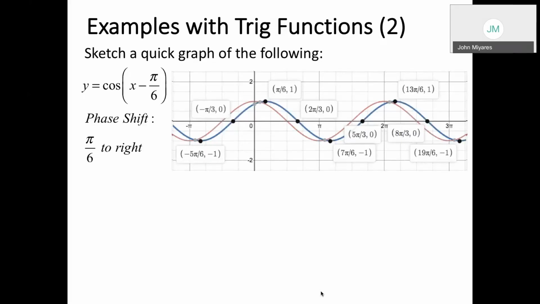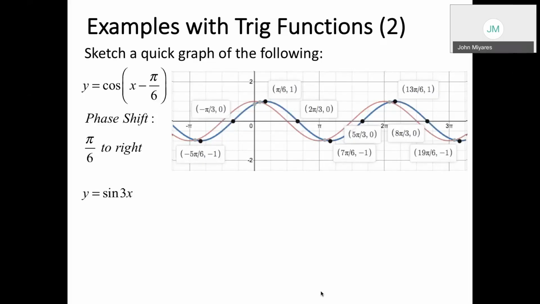The end of the cycle, which would have been at 2 pi comma 0, will now be at 13 pi over 6, or 2 and a sixth pi, comma 0. Otherwise, the basic shape of the cosine wave remains the same. The amplitude is still 1, the wavelength is still 2 pi, just everything's been shifted over to the right by pi over 6 radians.